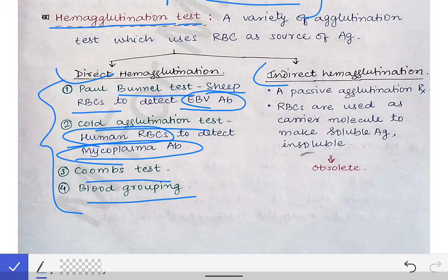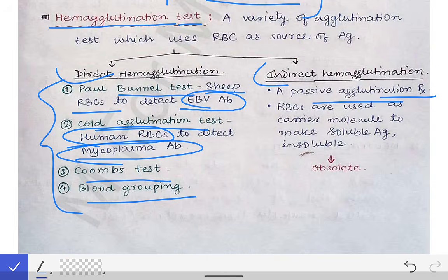While indirect hemagglutination is that type of hemagglutination test in which antigen is made insoluble by aiding RBCs, so that the RBC attaches to that antigen and makes it insoluble or particulate, so that it can show the agglutination reaction. In other words, it is a passive agglutination reaction.